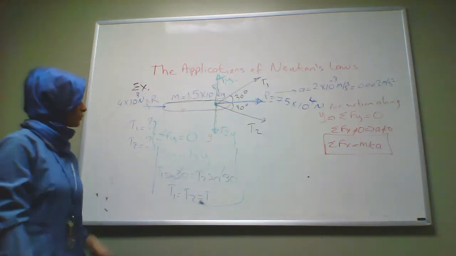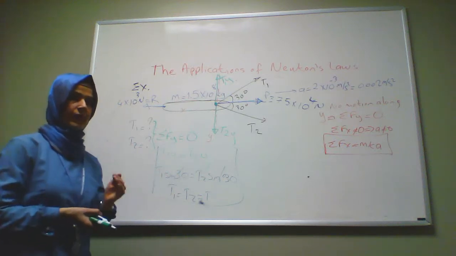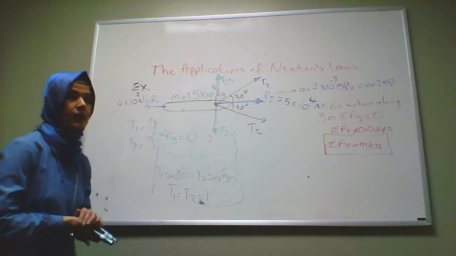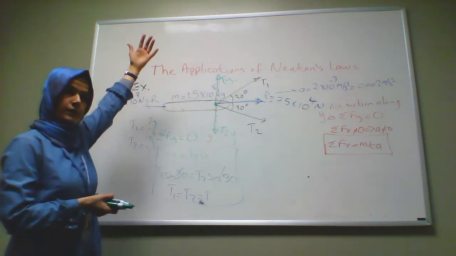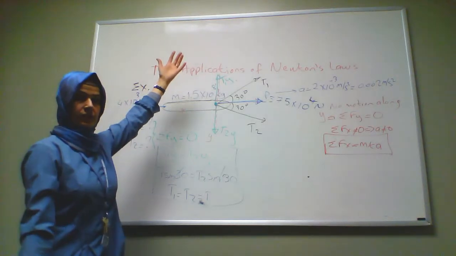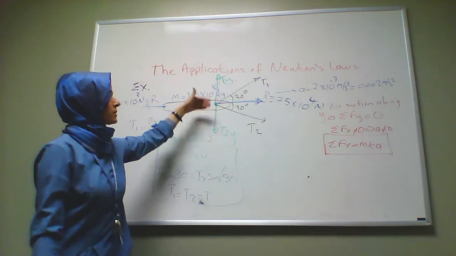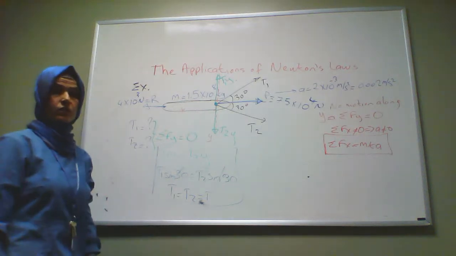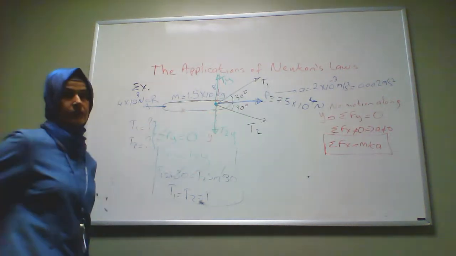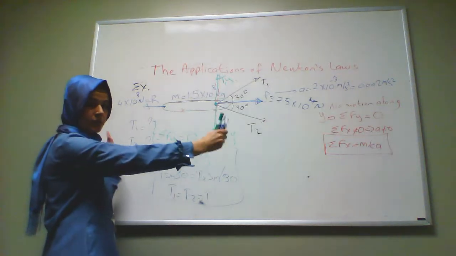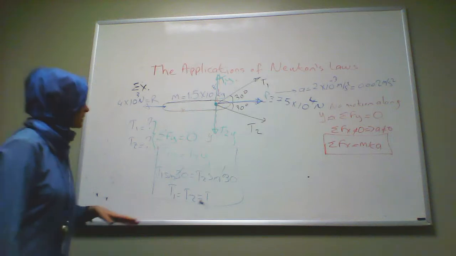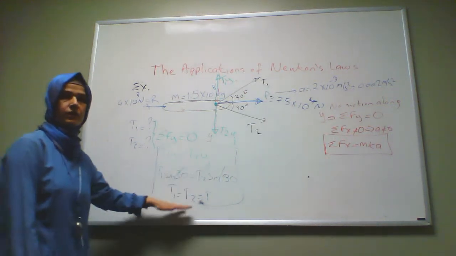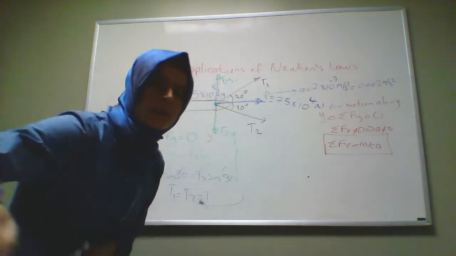So as not to go through all the steps, from now on we can directly say, if the system is in equilibrium, total forces in one direction, upward let's say, are equal to total forces in the downward direction. Here we have only 2 forces, but we could have more. And the same goes for x. If the system is in equilibrium along x as well, there is no acceleration, and total forces to the right are equal to total forces to the left. This helps us to jump over here and directly write this equation and find the answer. I hope you can see that.